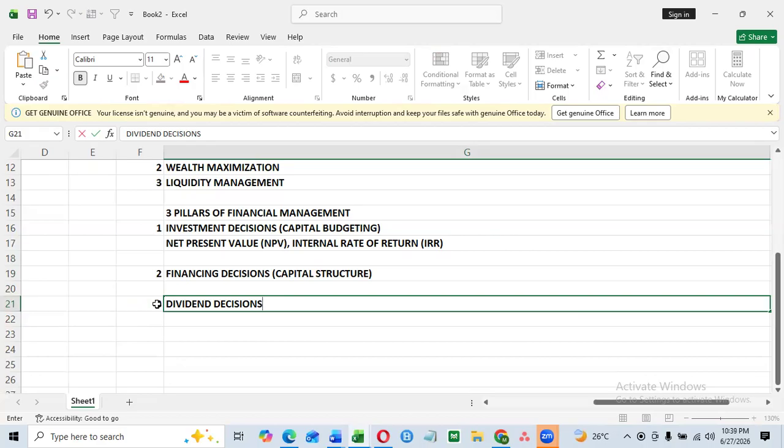Do we pay it out to shareholders as dividend, or do we reinvest it back into the business? This decision affects both investor confidence and the growth capacity of the company. I hope we understand.